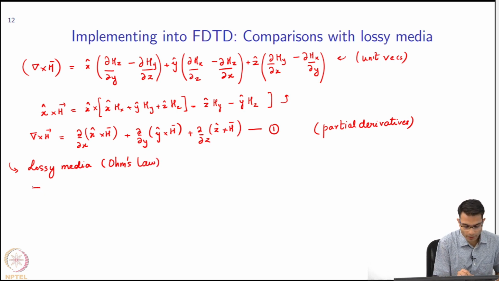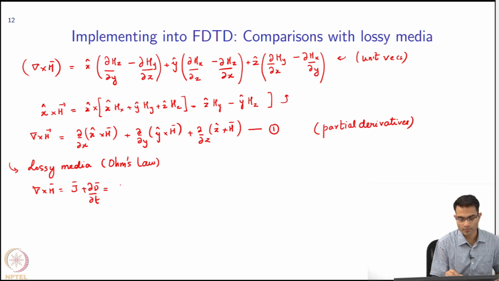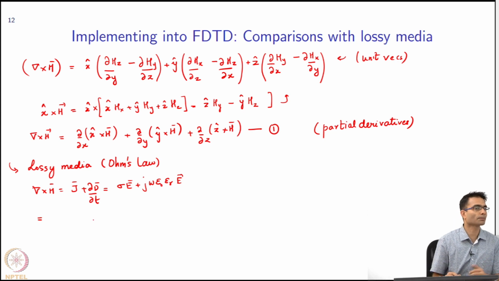So over there what did I have? Curl of H gave me J plus dD by dt, we know this, and this gave me sigma E plus j omega epsilon naught epsilon r E, right, which I can write in terms of a complex permittivity.